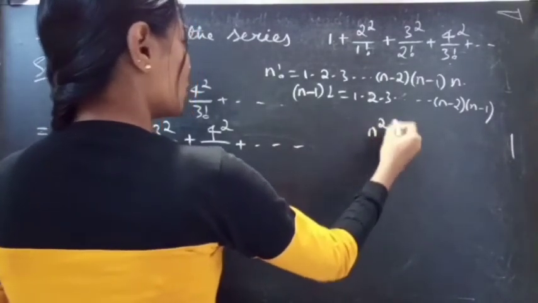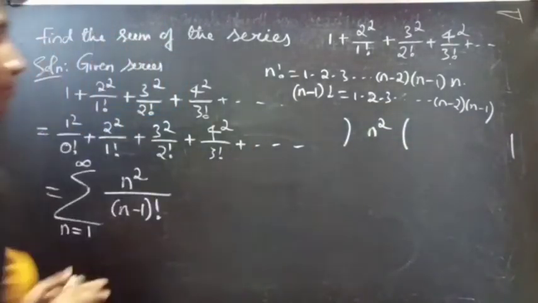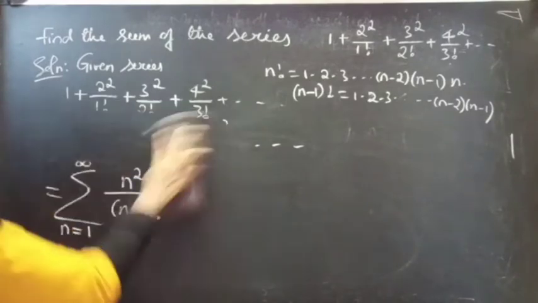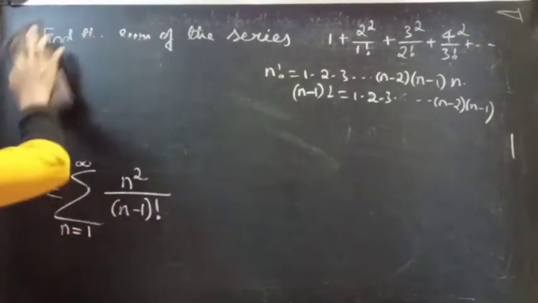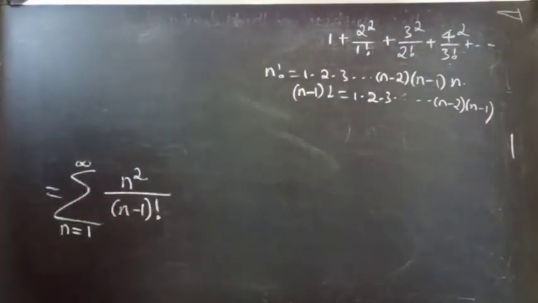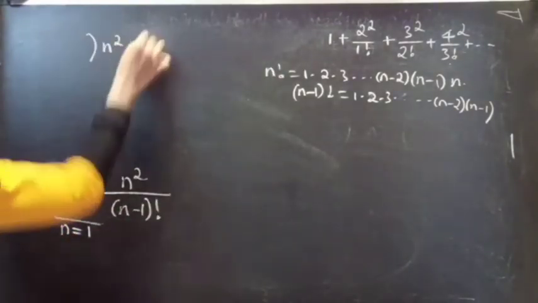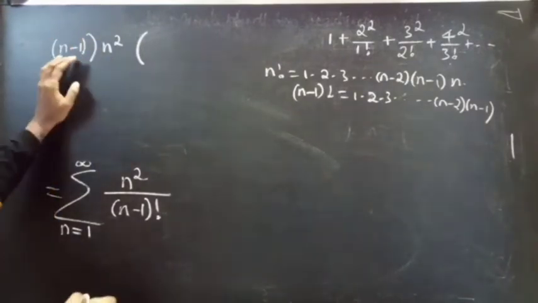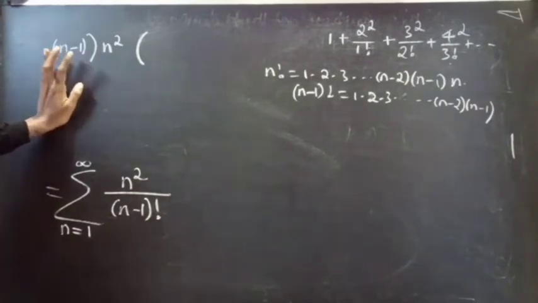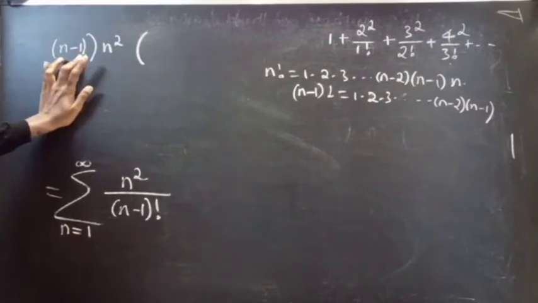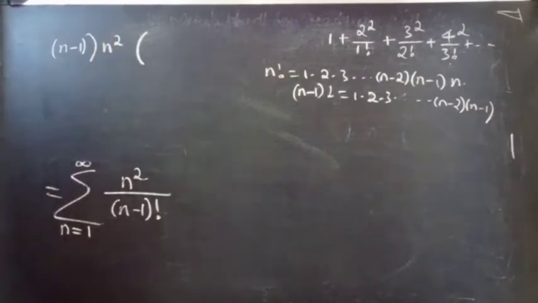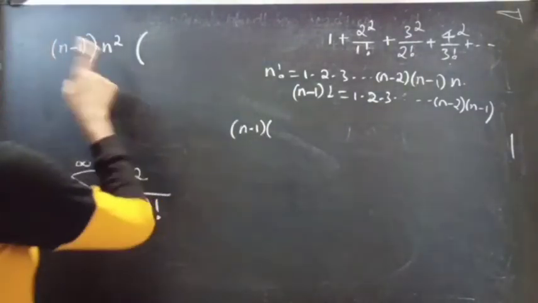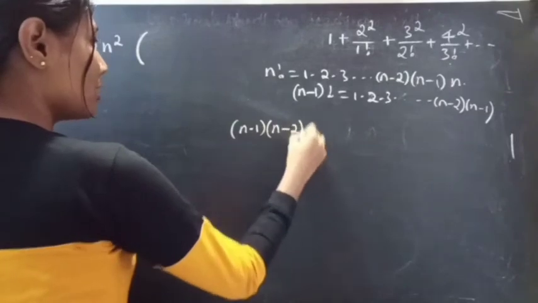So we'll take n square as dividend and n minus 1 as divisor. We have to multiply n minus 1 by some number so that we get n square. Keep in mind that we need to get n square.